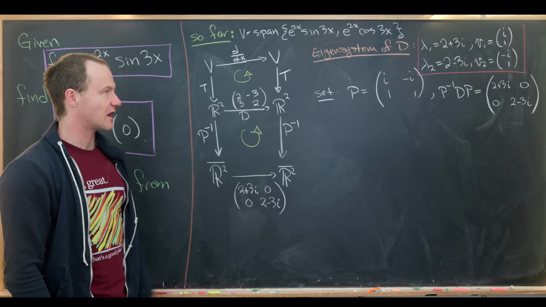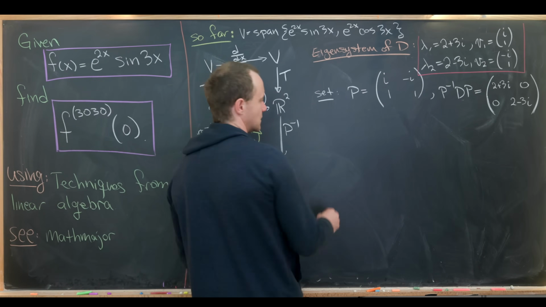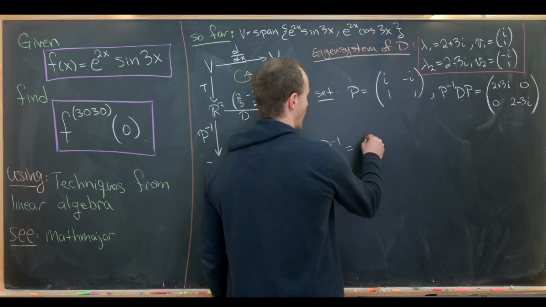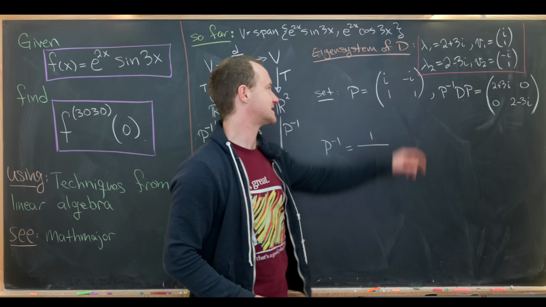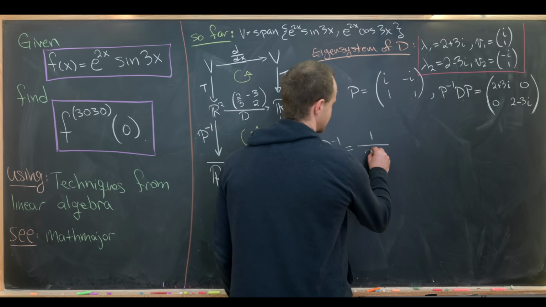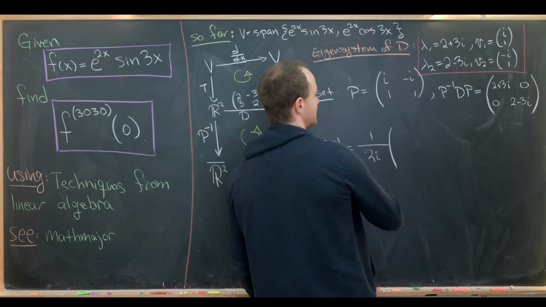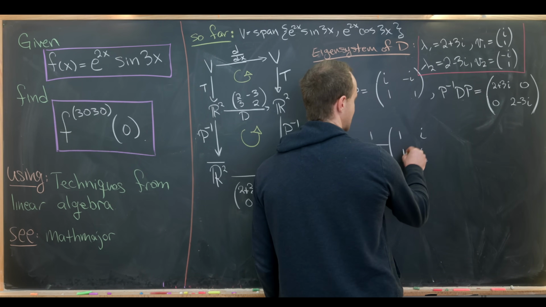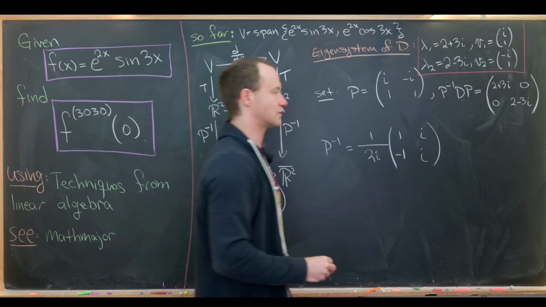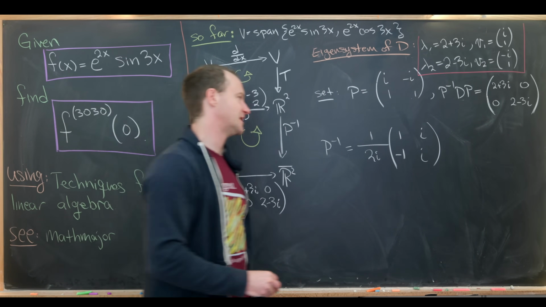We maybe need to figure out P inverse though. So let's see, P inverse will be 1 over the determinant. So that's going to be i times 1 minus negative i times 1. So that'll give us 2i in the denominator. And then we swap the diagonals and negate the off diagonals. So that's the standard rule for the inverse of a 2 by 2 matrix.